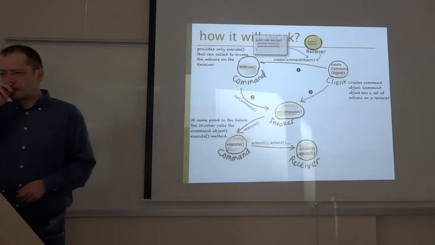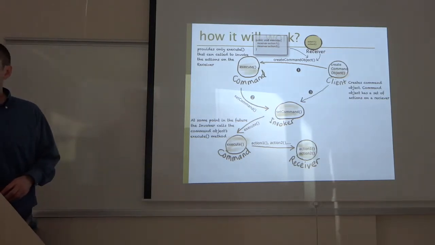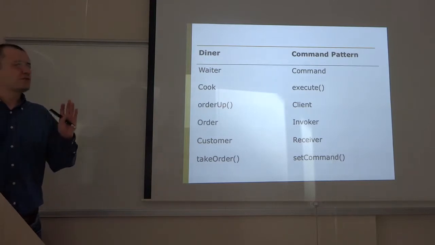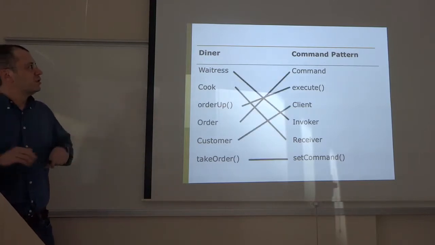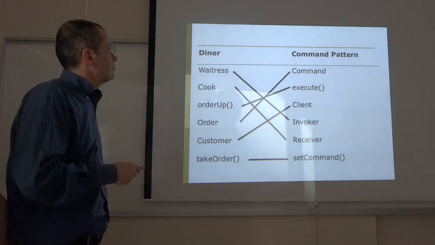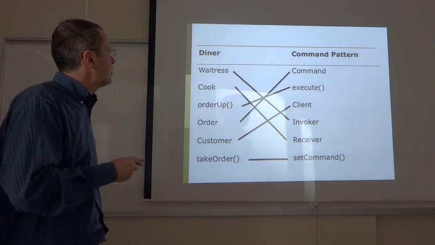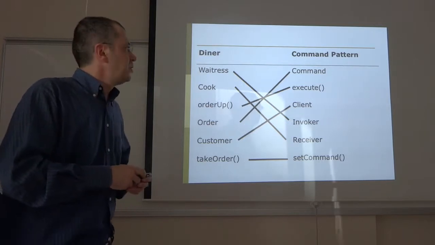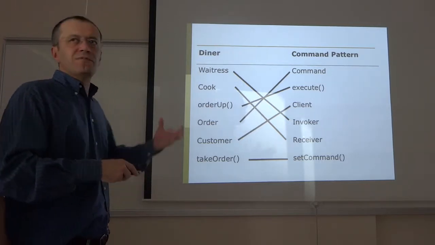Okay, here is how it works. In my example, with the command pattern, the waiter or waitress is the invoker. The cook is the receiver who's doing it.